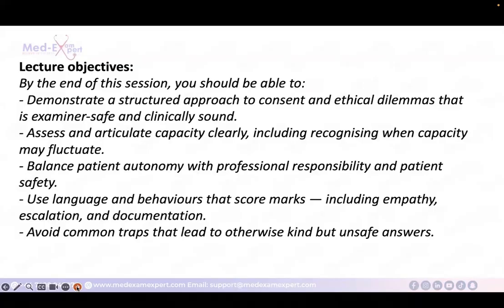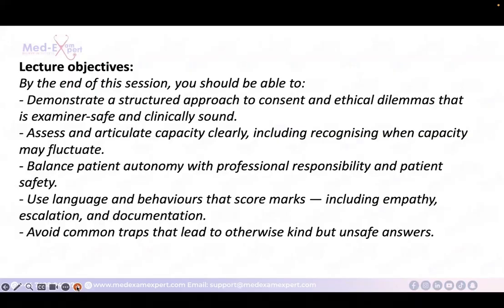So with that, we will transition into our first scenario, which I'm going to put on the screen. This is one of the most commonly examined and most commonly failed scenarios, where candidates score less or fail.